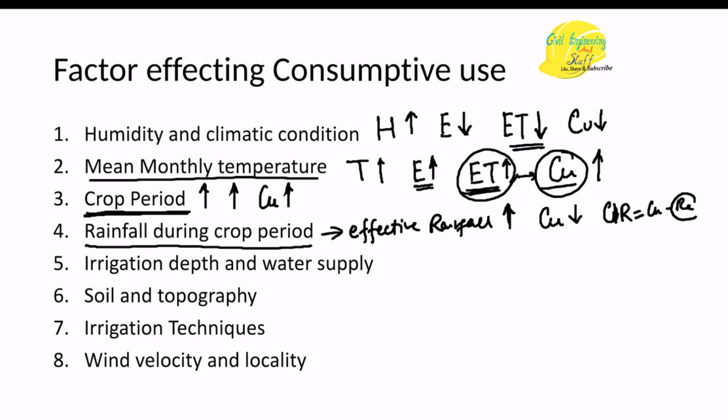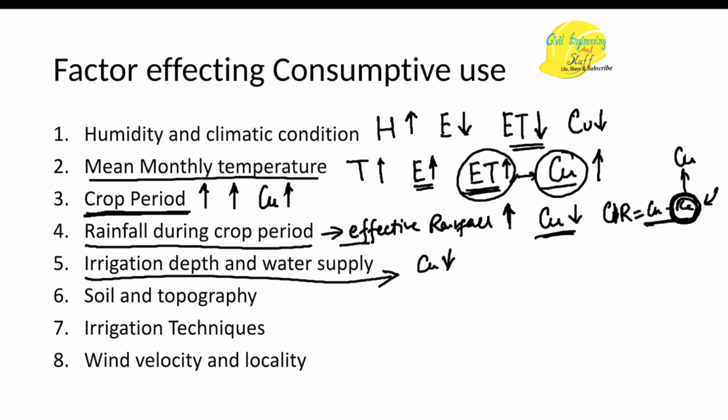If RE value becomes equal to CU value, that is, all the consumptive use requirement was fulfilled through effective rainfall, then we don't need much of the water, right? So to a greater extent it will decrease. If we supply enough quantity of water, then of course the consumptive use of the crop will decrease.